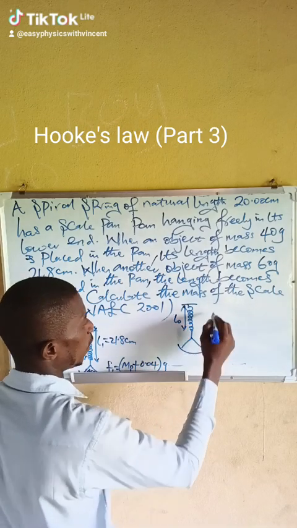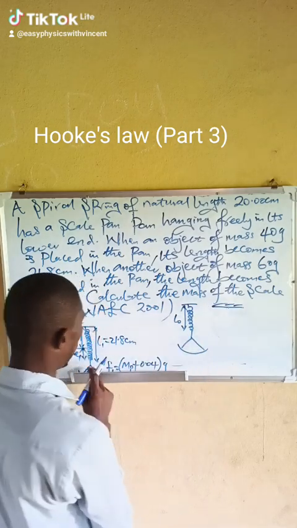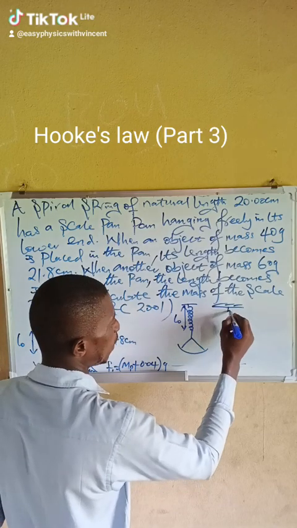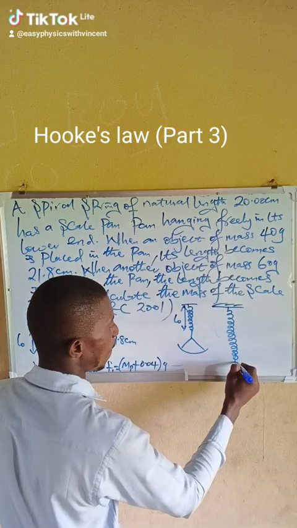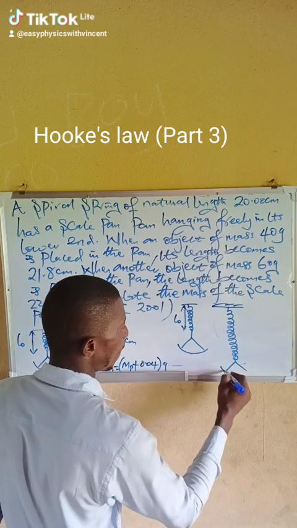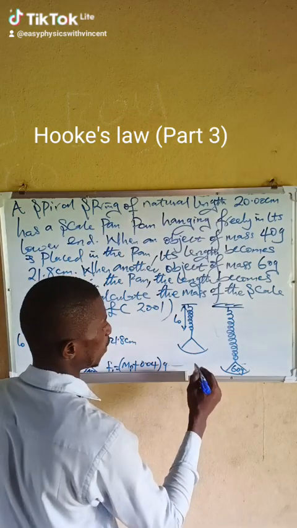So this is our L naught. Here we've already removed the 40 gram mass and replaced it with 60 gram mass.